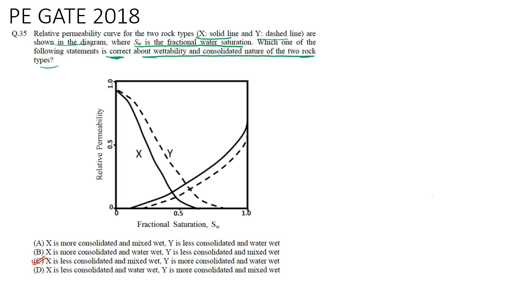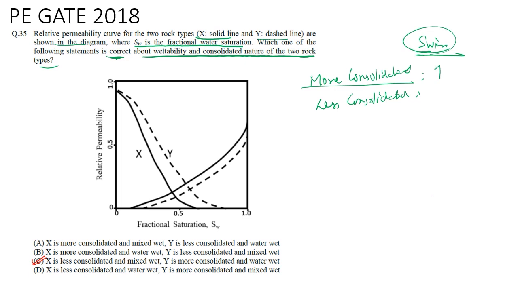Now, from the figure you can see that if I have a more consolidated rock versus a less consolidated rock, and I compare the initial irreducible water saturation, for the more consolidated rock my initial water saturation will be more as compared to that of the less consolidated rock.